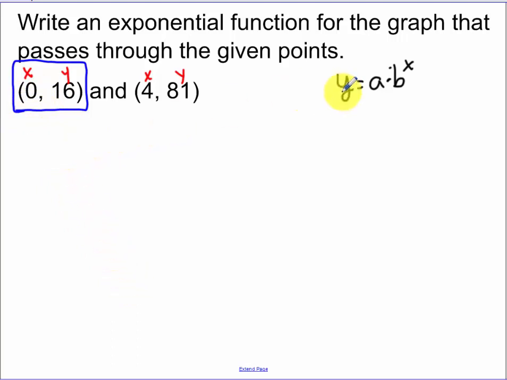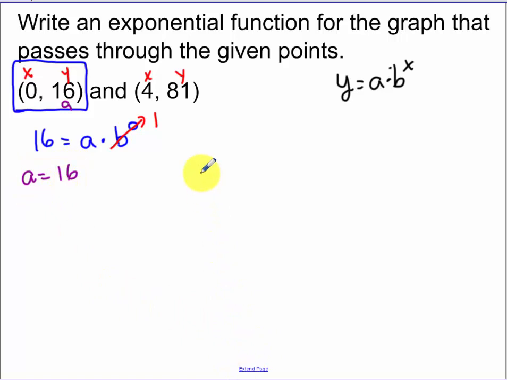So let's plug that into our exponential. 16 is our y. We have a times b to the 0 power. B to the 0 is 1. So the reason they give us this point is that it gives us what a is right away. So it's essentially cutting out a step. So they tell us right away that a is 16.